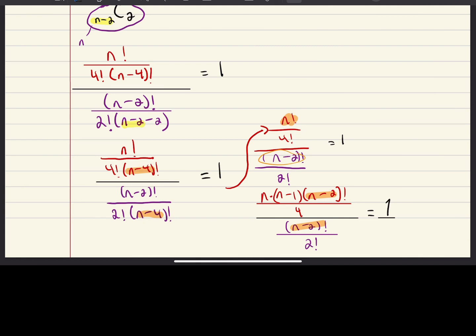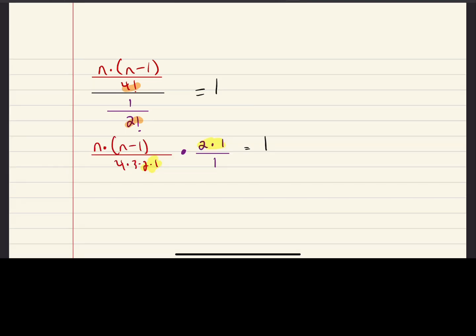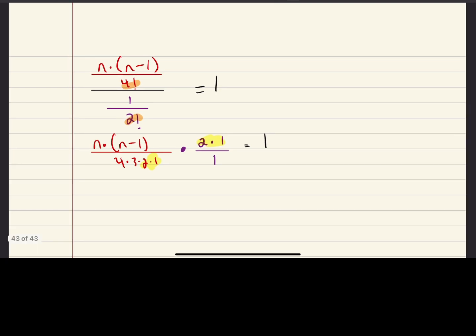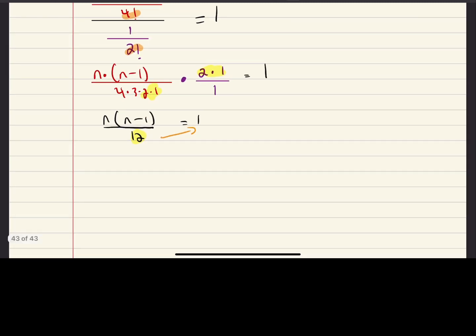Now we're going to remove them from both the numerator and the denominator and work with what's left. Next, we're going to simplify the 4 factorial and 2 factorial to see if there's anything that can cancel out there. And that'll leave us with n times n minus 1 over 12, and that's going to equal 1. And then we're just going to cross multiply this so that we have n squared, and I'm going to expand this as well here.